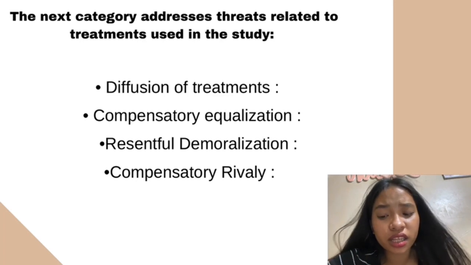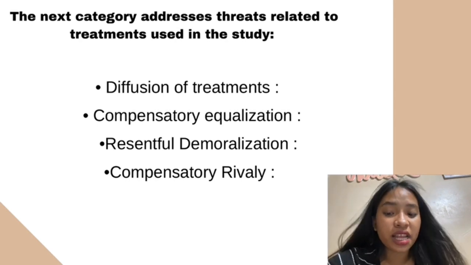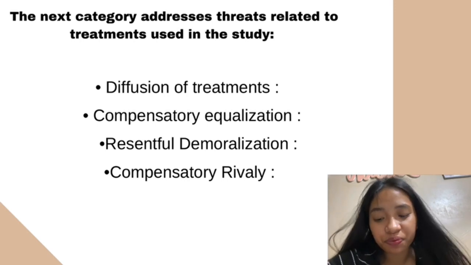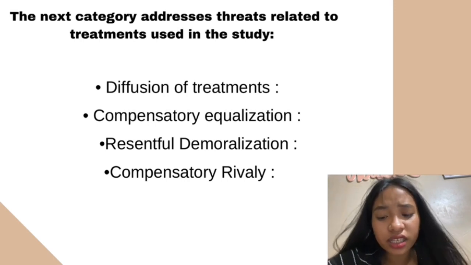So next is the resentful demoralization. It is when a control group is used, the individuals may become resentful as they think that they receive less desirable treatment than other groups. So it's about jealousy like that. So next one is the compensatory rivalry.